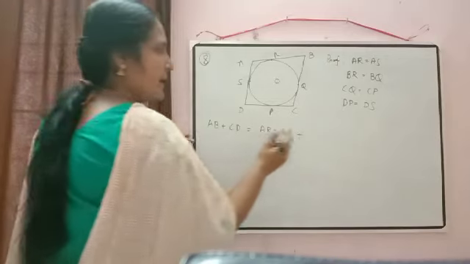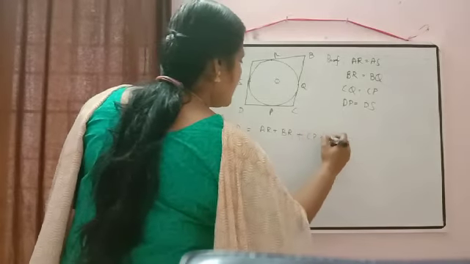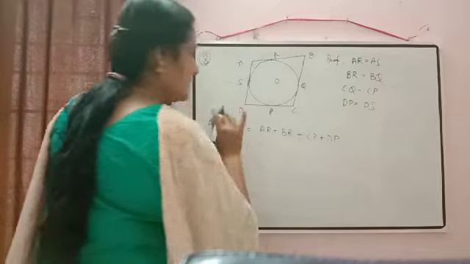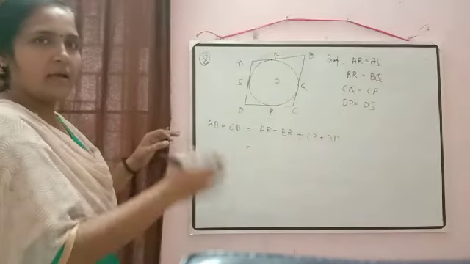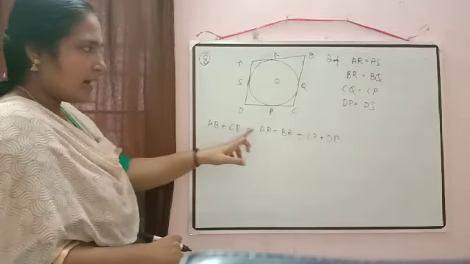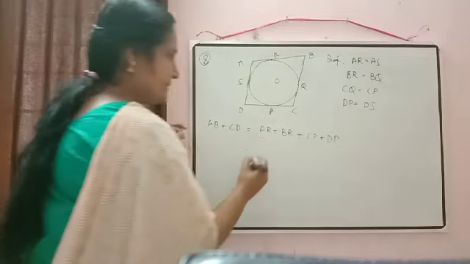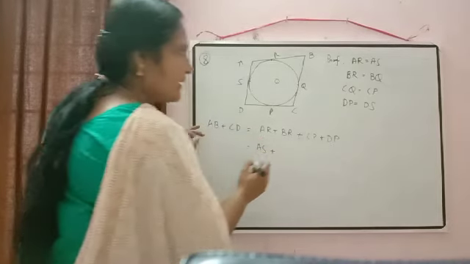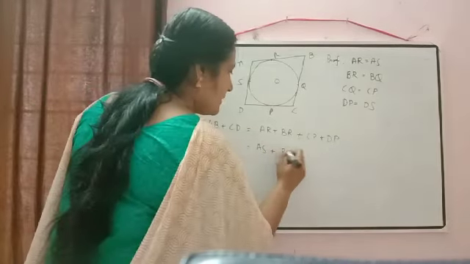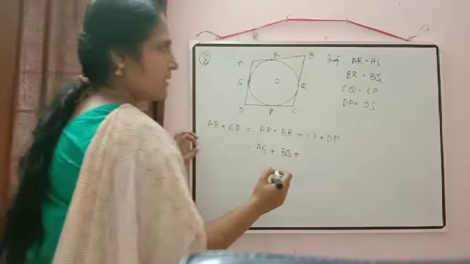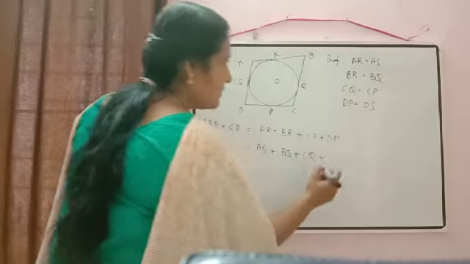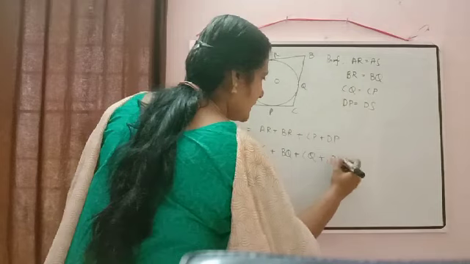CD can be written as CP plus DP. So first, based on the diagram we wrote there. Now we'll use the property. AR can be written as AS. Correct? BR can be written as BQ. CP can be written as CQ. DP can be written as DS.